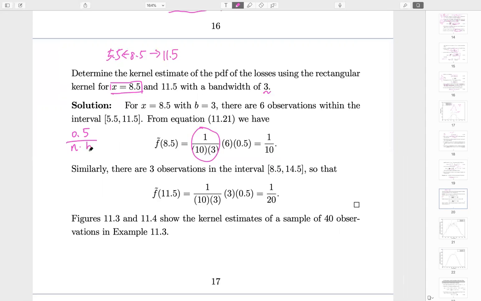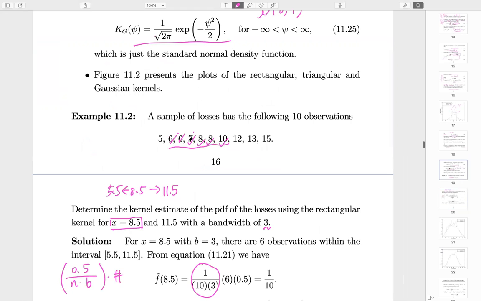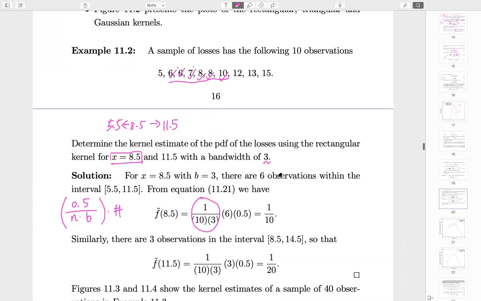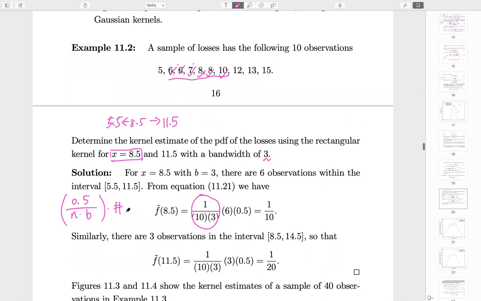This is B. Okay, this part is always fixed. You just need to figure out how many points will contribute to your x. Okay, how many? 1, 2, 3, 4, 6. So for this case, it's 6. This value is 6. So that's why I can easily get the result.